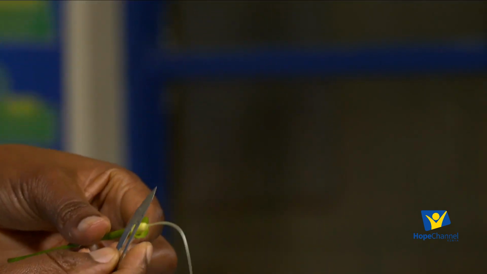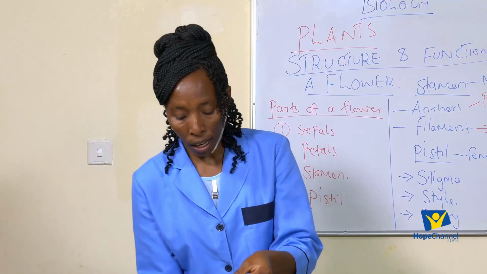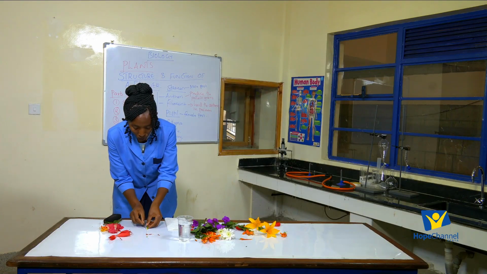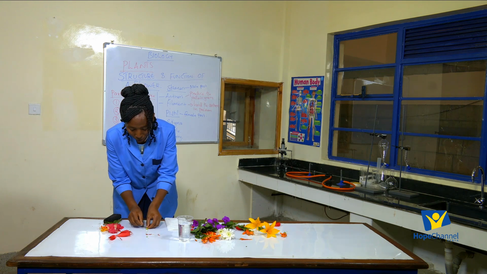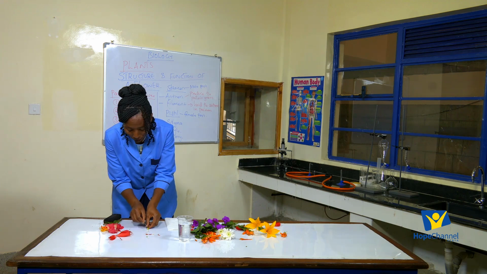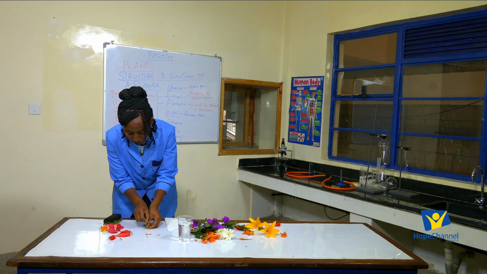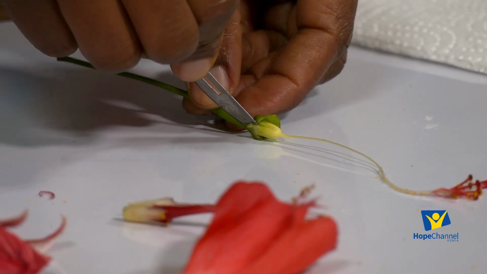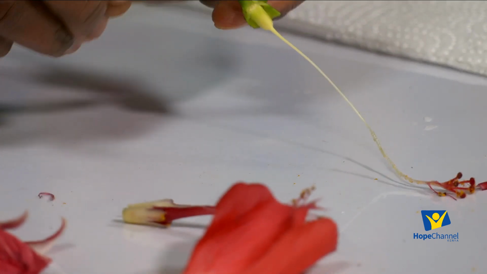So if you were to open the ovary and try to observe the structure of the ovules, it is still possible. And of course, you can view it nicely when you have probably a hand lens. But let me try to open the ovary so that we are able to see what is inside the ovary.